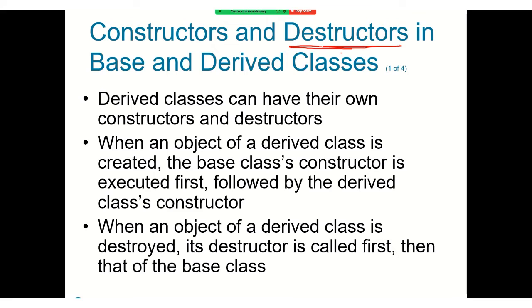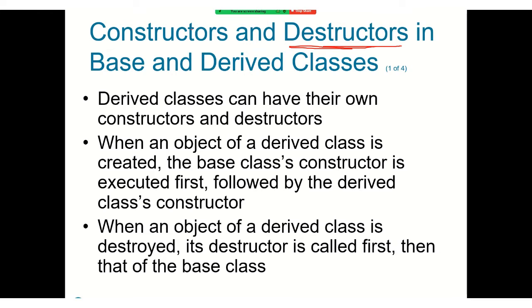And if you do not define a destructor for a class, then the C++ compiler gives you one. So a destructor does not need to be defined explicitly unless you want to do some special things. If you don't define it, do not think that it is not called. The compiler gives one to the program.